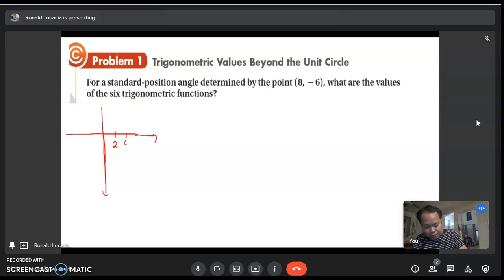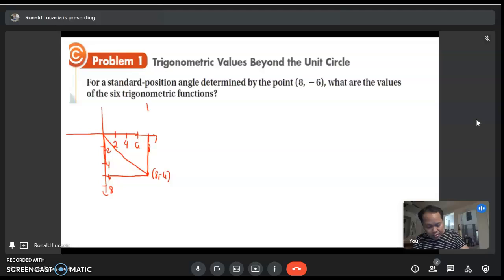So 2, 4, 6, 8, negative 2, negative 6, negative 8. So this is our 8 and negative 6. And we have to find the distance from 8, negative 6 to the point of origin, which is our r.